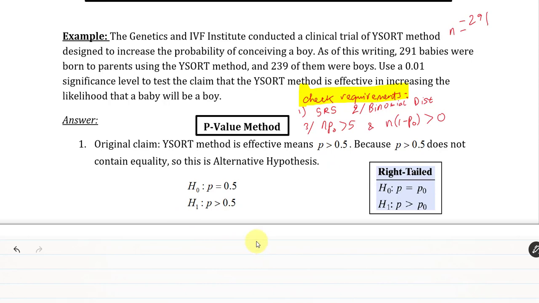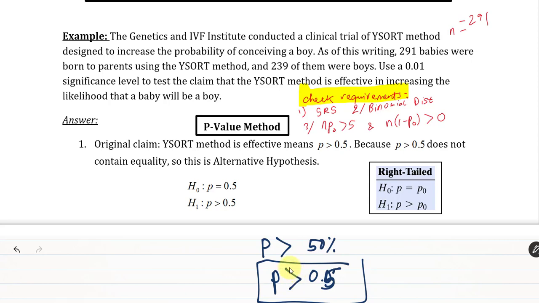So if this one is effective, then you assume that the proportion of getting a boy should be bigger than 50%. And 50% is 0.5, so p is bigger than 0.5.